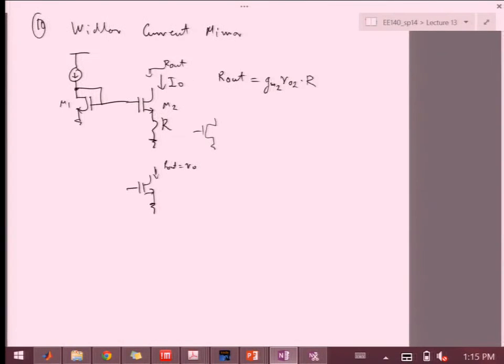So if I replace this R with the FET, then when I look from the top, I see something that should be familiar. I see a cascode. So in that case, what this guy really sees at the bottom is just ro1. So this R becomes ro1.